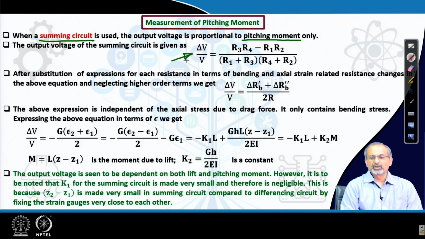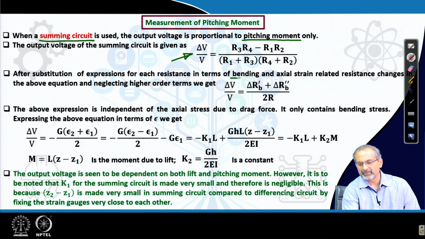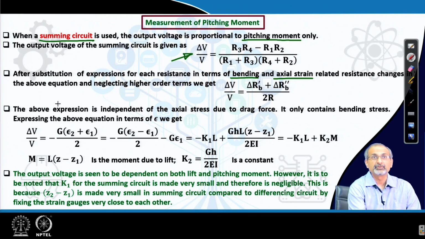We recall this formula that we already talked about for the summing circuit, and now after substitution of the expressions for each resistance in terms of bending and axial strain related resistance changes in the above equation and neglecting higher order terms, this is the first step which will bring us to expressing delta V by V in terms of the change in the resistances due to the bending effect at the two locations which correspond to the dash and the double dash locations.